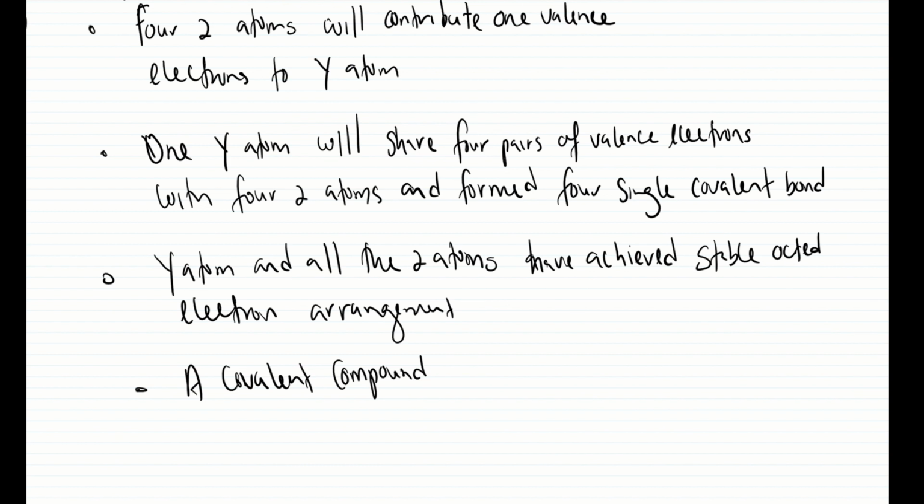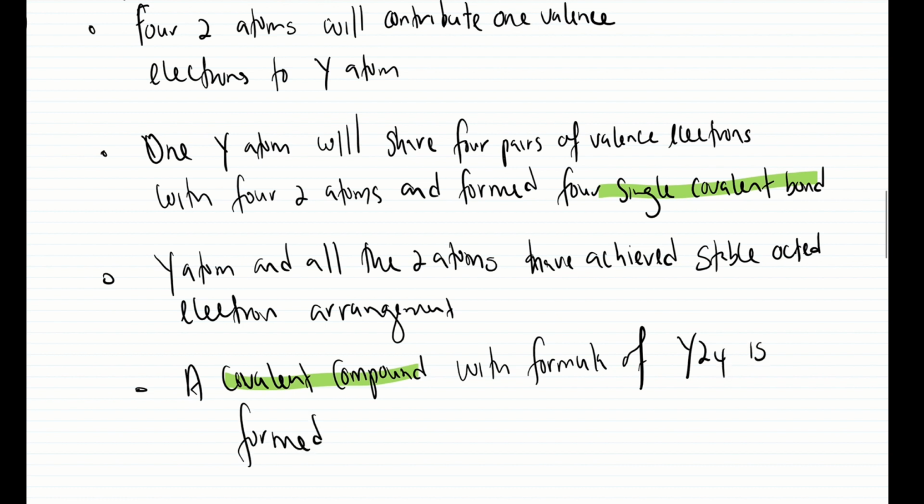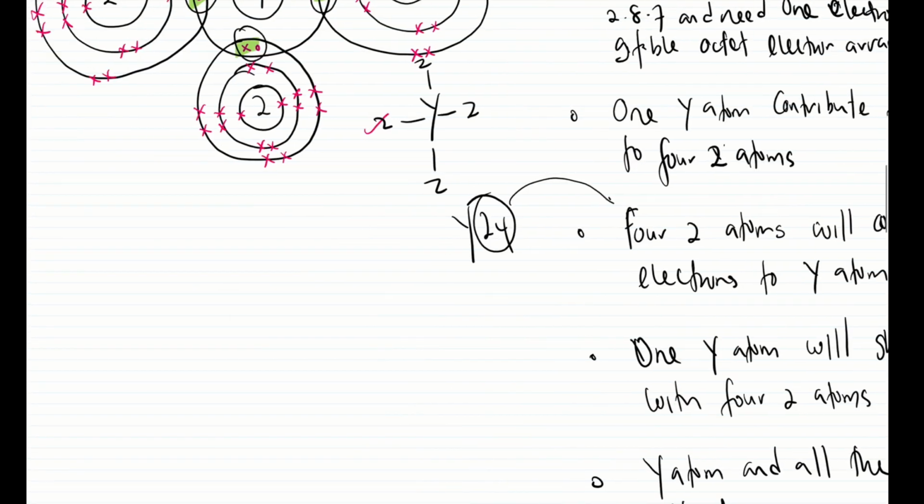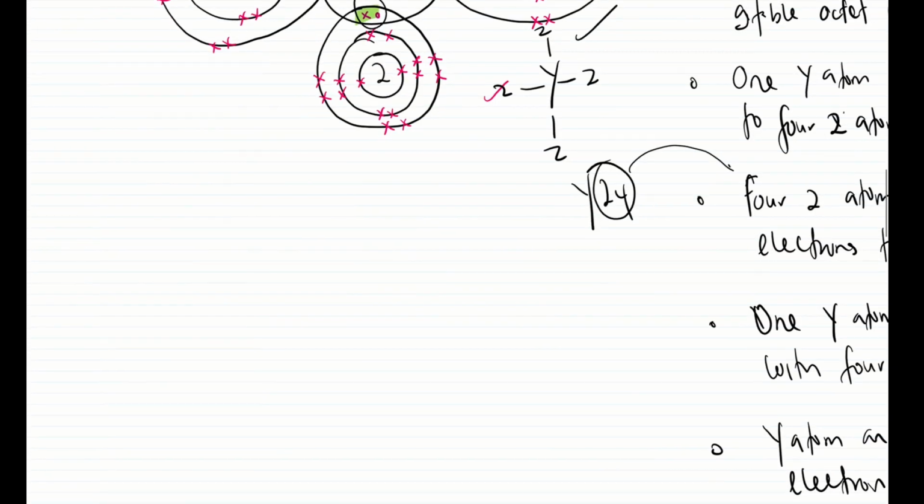I already mentioned single covalent bond, so here we put covalent compound with formula. Don't forget to write the formula. Formula of YZ4 is formed. Then we draw the arrangement of the compound.